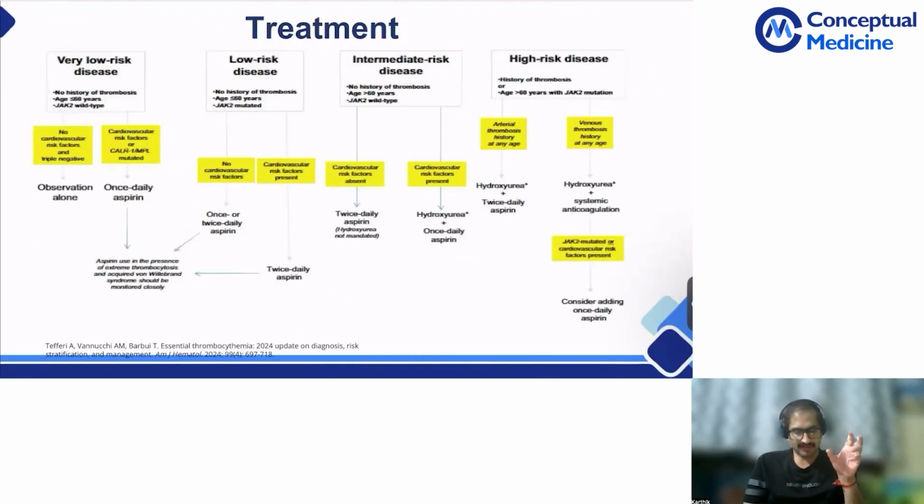So how do we classify treatment? We classify patients into four groups: very low risk, low risk, intermediate, high risk. High risk is very easy. Presence of thrombosis. Presence of thrombosis defines all MPNs as high risk because of the high risk of recurrence. Or age more than 60 with presence of JAK2 mutation.